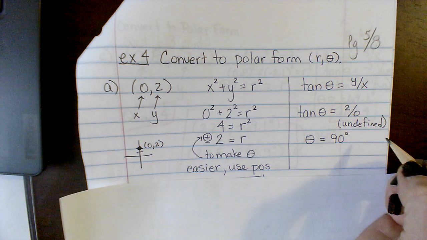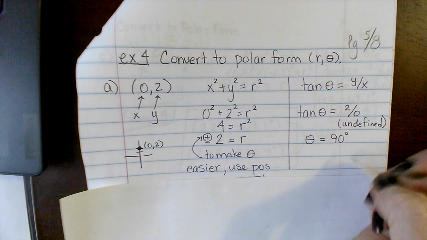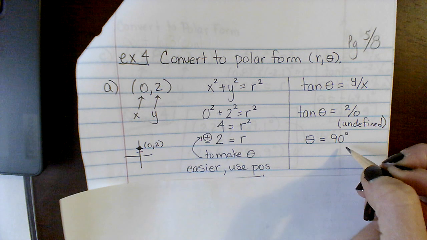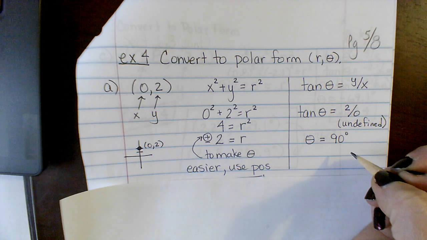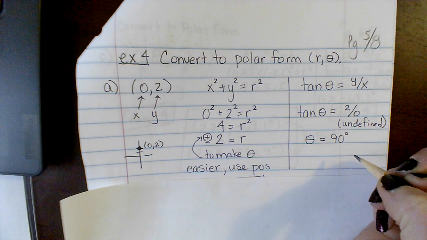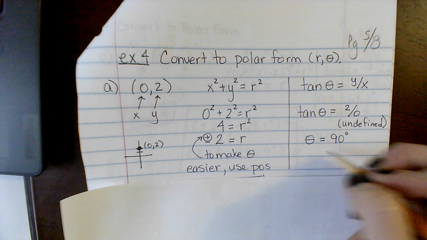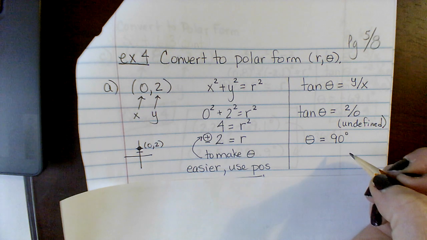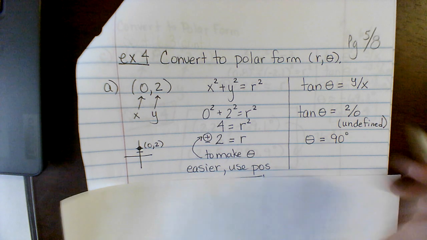So how do you do that on the calculator? Your calculator won't do that for you. This is where you have to know that the tangent function is undefined at 90 degrees, like multiples of pi over 2. I don't have my first laminated formula sheet that has all the vertical asymptotes, or I'd show you what I'm talking about there. But we know that this is going to be 90 degrees because the tangent of 90 degrees is going to be undefined.